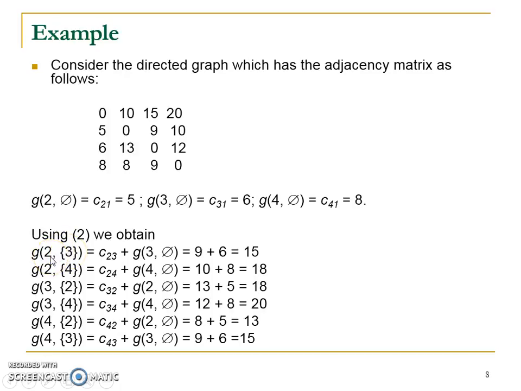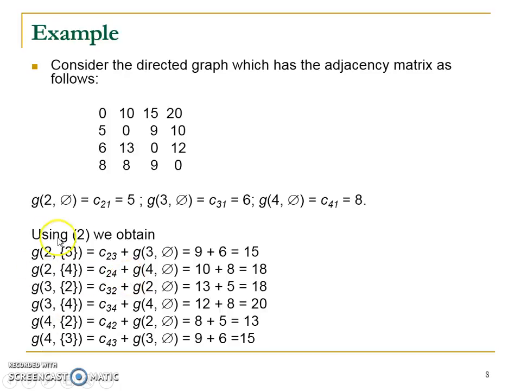Using our recurrence relation, this is the minimum of c of 2, 3 plus g of 3 comma 5, because the set has only one element, so I go from 2 to 3 and then back from 3 to 1, which is the cost of g of 3 comma 5. You can see here that the cost c of 2 comma 3 is 9, and we have already computed g of 3 comma 5, which is 6. So I have 15 here.